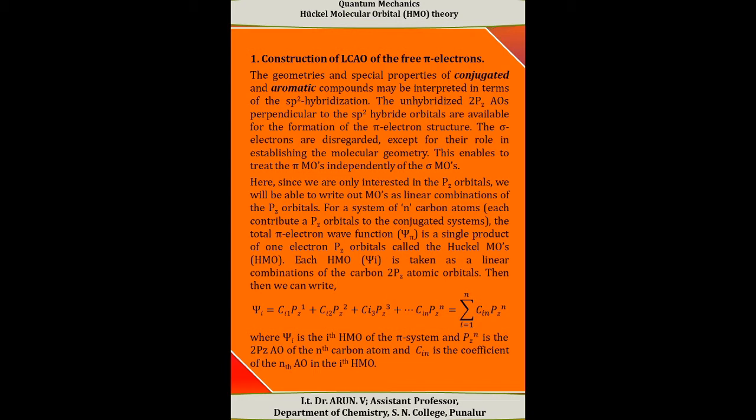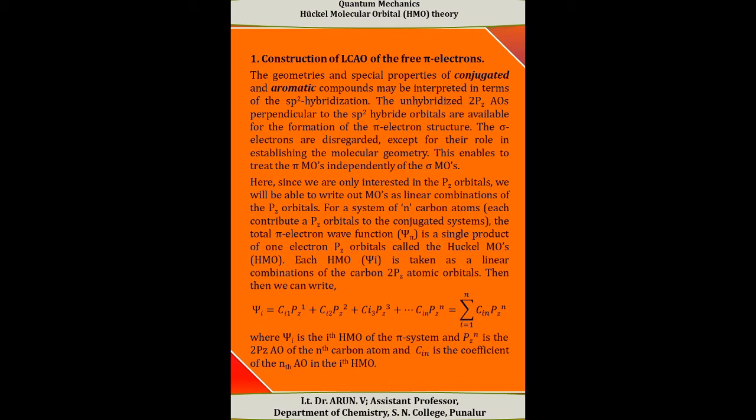The unhybridized 2pz atomic orbitals perpendicular to the sp2 hybrid orbitals are available for the formation of pi electron structure. The sigma electrons are disregarded except for their role in establishing the molecular geometry. This enables us to treat pi molecular orbitals independently of the sigma molecular orbitals. And this is the first approximation.